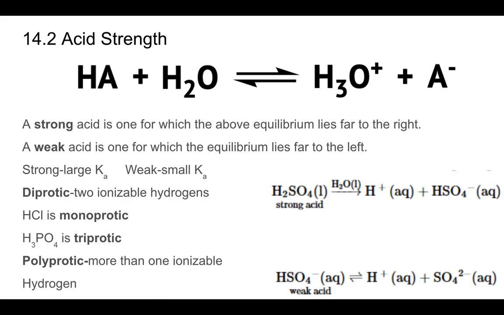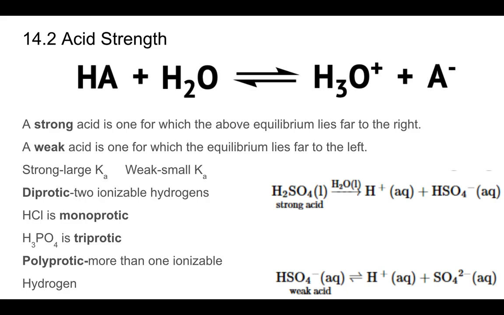So we made a big point of H2SO4 being a strong acid, but HSO4 minus, the second proton, being a weak acid. I believe Zumdahl in his textbook still holds to that idea, which I think is the more accurate idea of first proton strong, second proton weak on H2SO4.